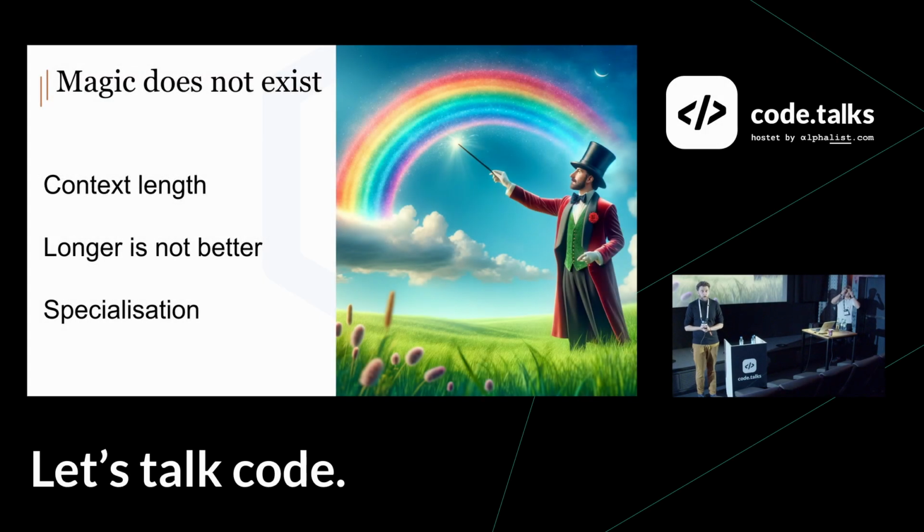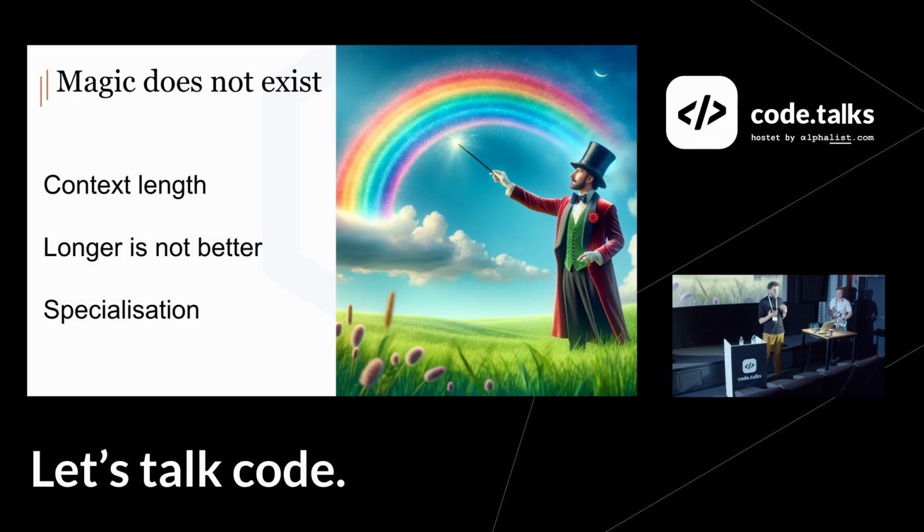Okay, guys, so I'll do a quick summary, and then we will use the remaining time to show you a few more advanced techniques in notebooks. We've been showing you some techniques, but at the same time we try to emphasize that magic does not exist.